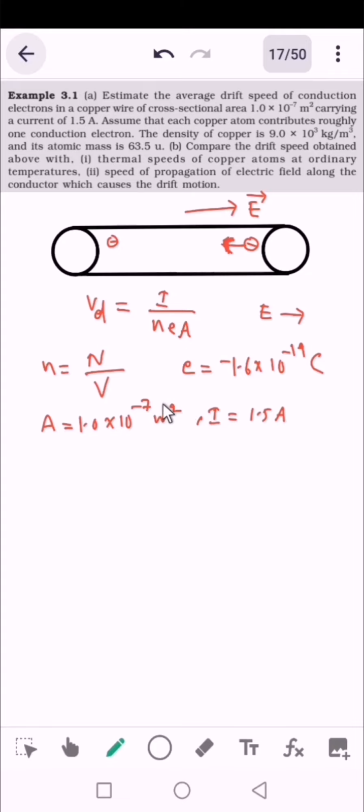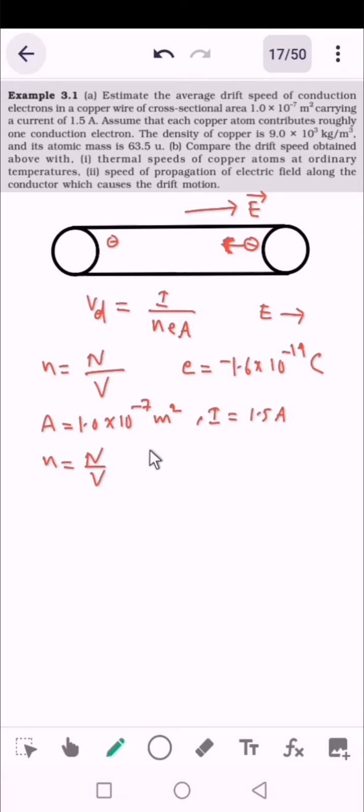Now we need to find this n. Okay, n is not given. So how can we find n? As we know, n is the number of charge carriers per unit volume, and here the charge carriers are electrons, so you can write it as N by V. This V is volume.